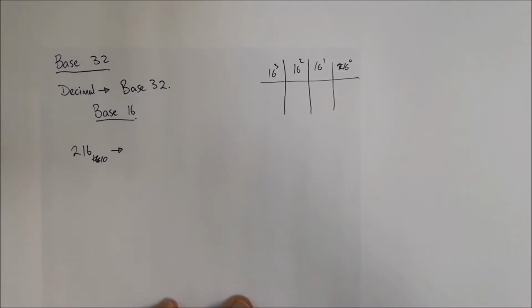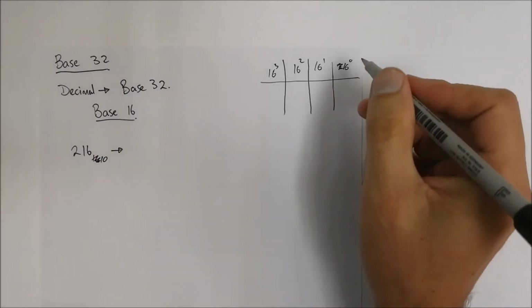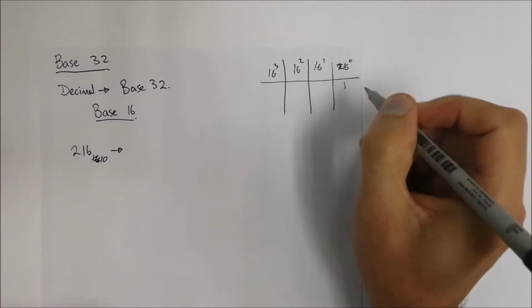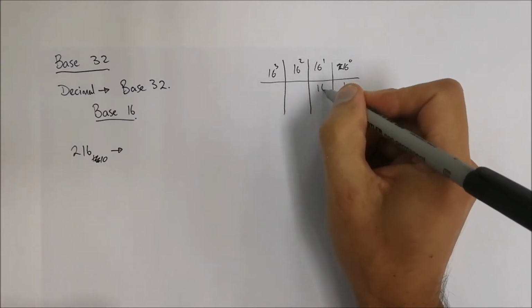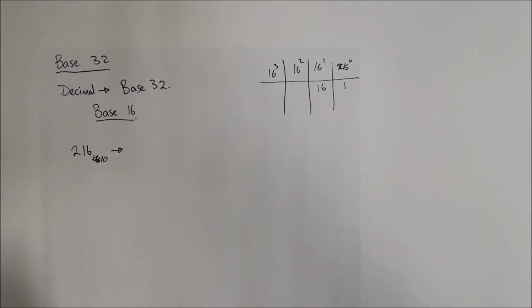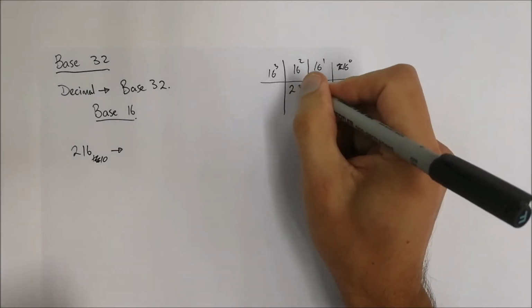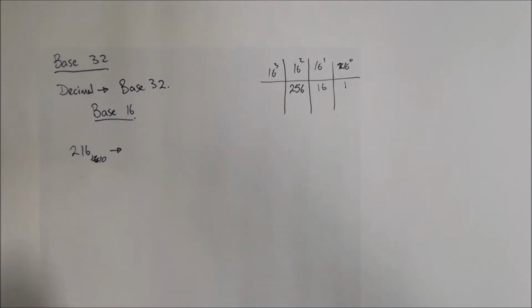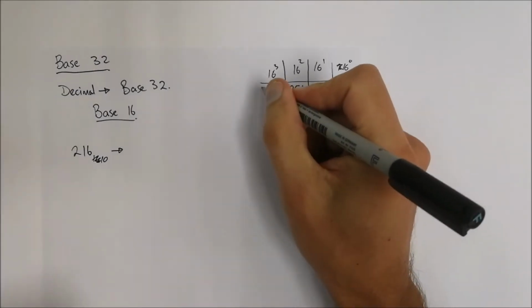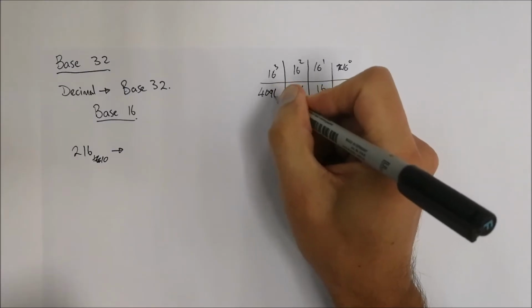And then obviously we want to know what those decimal values are. So 16 to the power of 0 is 1, 16 to the power of 1 is 16, 16 to the power of 2 is 256, and 16 to the power of 3 is 4096.